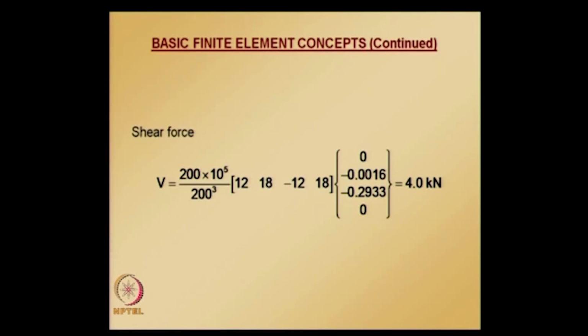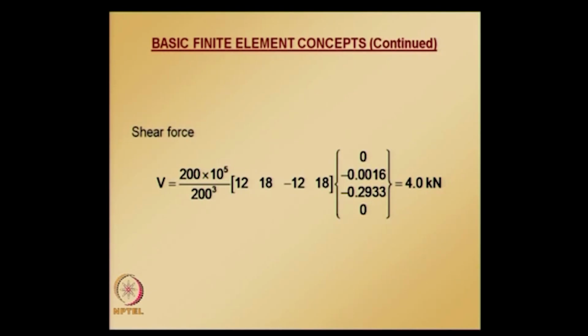Now, plotting the values of displacement along the entire half model, that is displacement over element 1 and displacement over element 2, we get the displacement variation, or how displacement varies over the entire half model length. Similarly, we got an expression for bending moment and shear force.